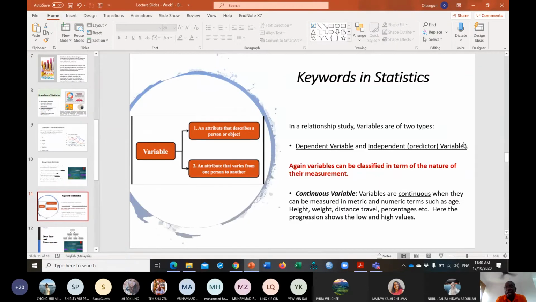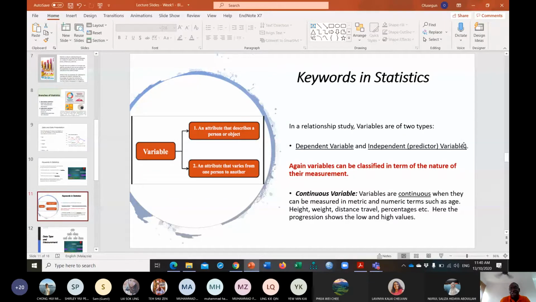So again, you will have been hearing about variables. I talk about variables now. We will be hearing about types of variables, dependent and independent variables. When we talk about a dependent variable, we are talking about a variable that depends on another. For example, age depends on diet. If you eat very well, you will live long. If you eat junk, you may die young.